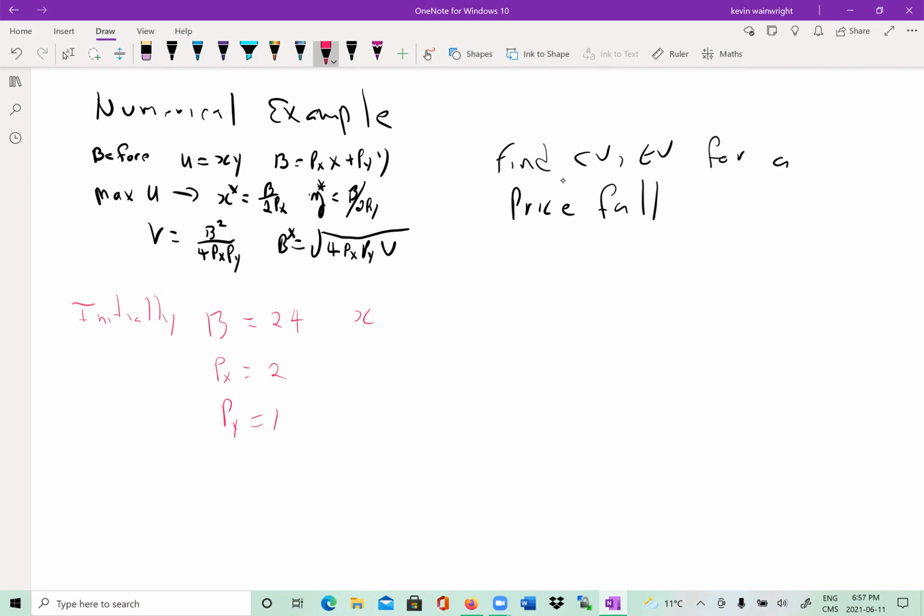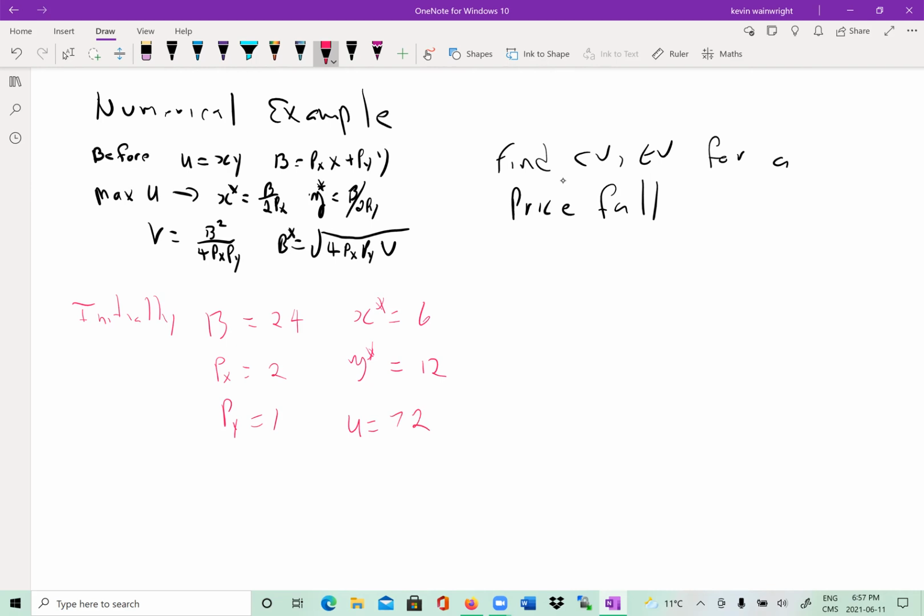Well, X star will be equal to B over 2PX, B over 4 is 6. Y star is B over 2PY, 12. And my utility number is 6 times 12 is 72.